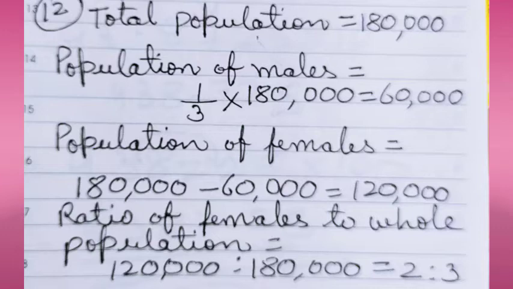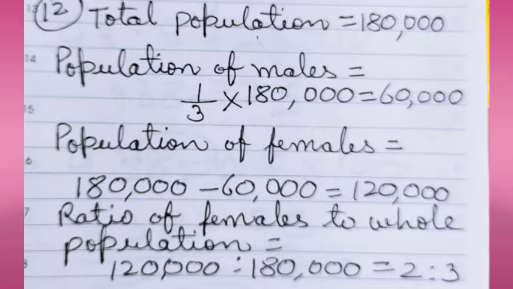Population of males is 1/3 into 1,80,000, and so it will be equal to 60,000. Then the population of females will be total population minus population of males, so this will be equal to 1,20,000.